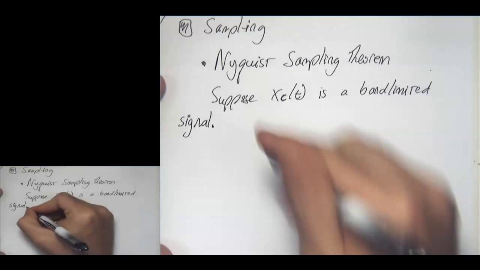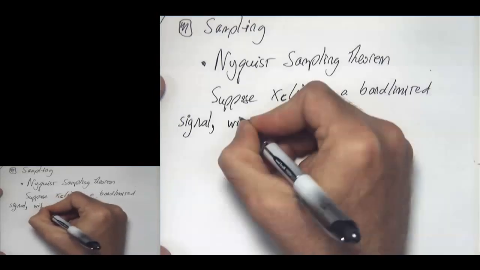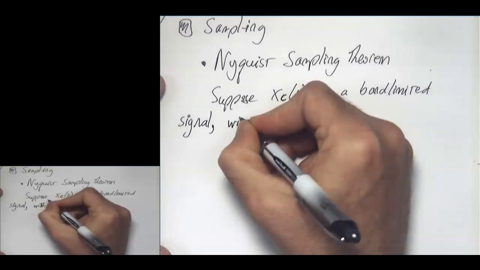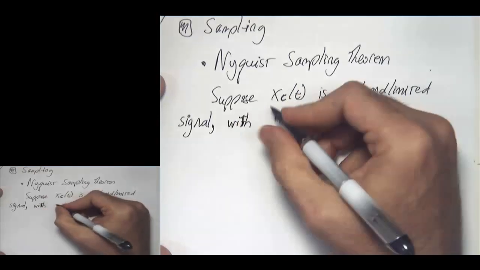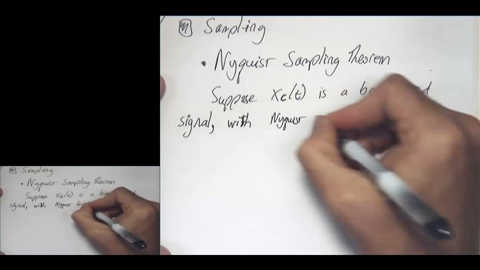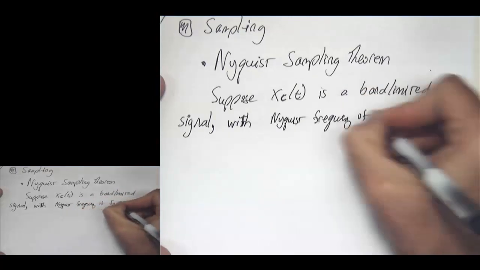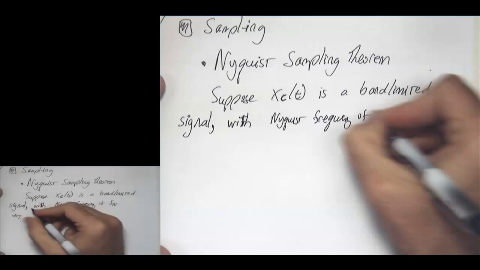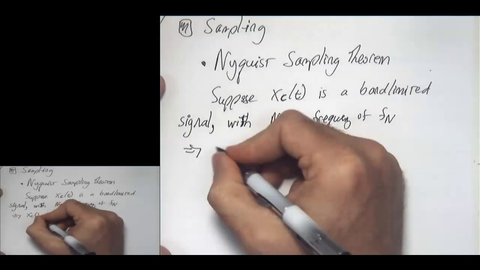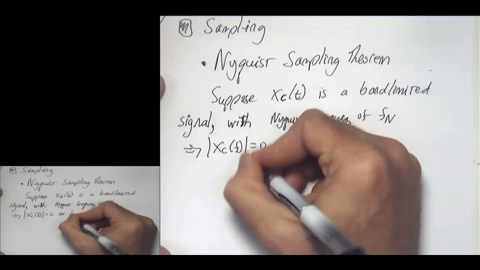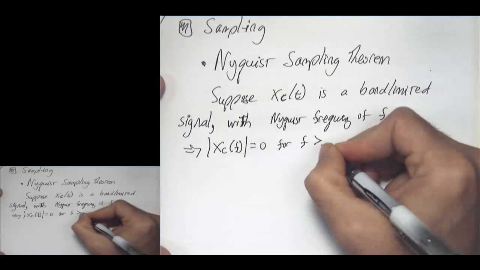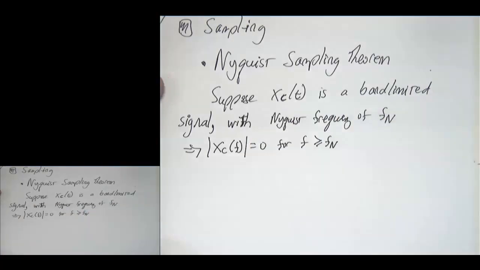So it's a band-limited signal with Nyquist frequency of f sub n. And what this means is that X sub c of f is equal to 0 for f greater than that Nyquist frequency, f sub n.